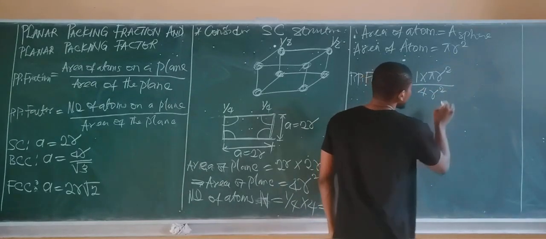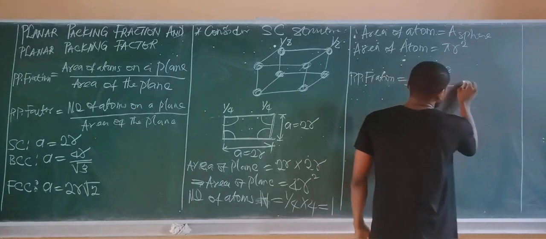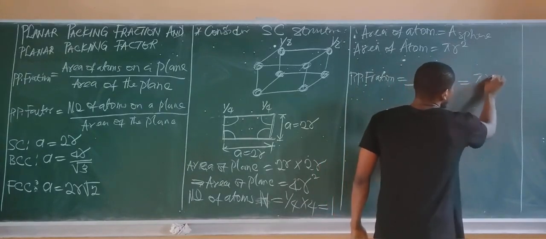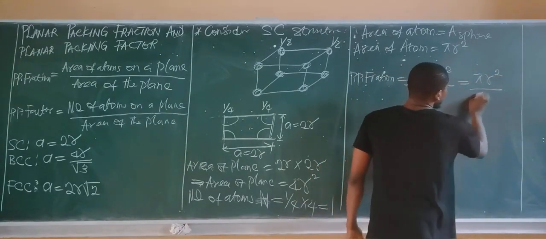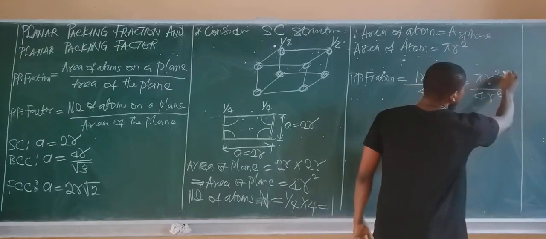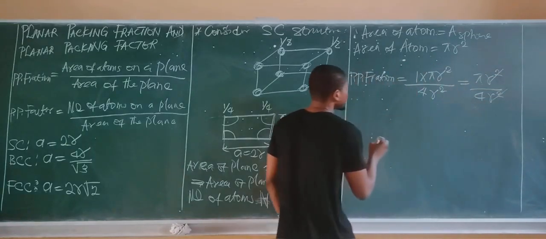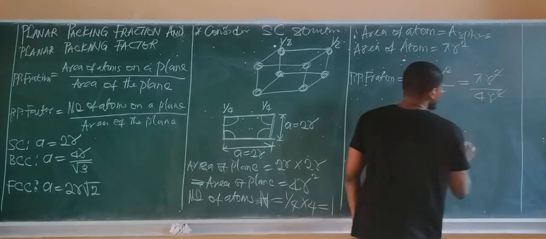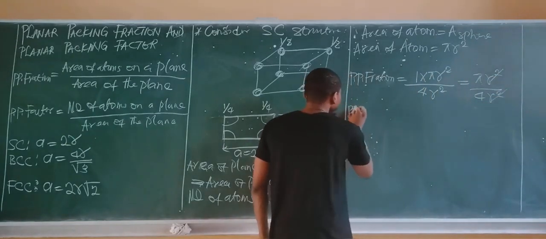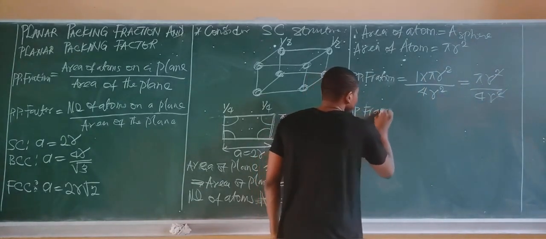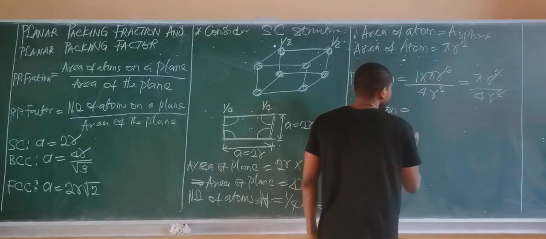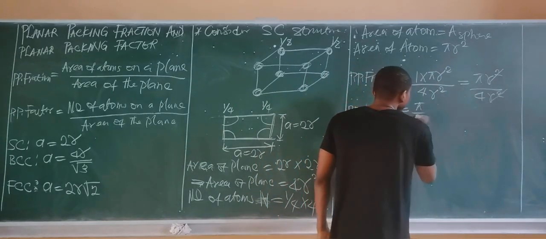So notice here that 1 times pi r squared remains pi r squared all over 4r squared. So r squared cancels r squared. Therefore, the planar packing fraction is now equal to pi all over 4.